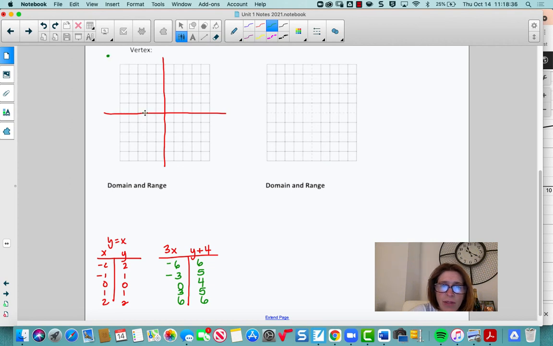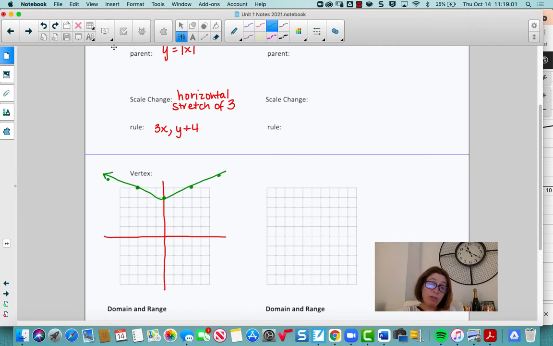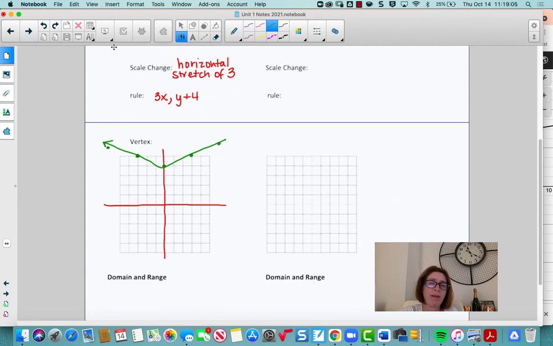Negative 3, 1, 2, 3, 5, 0, 4, 3, 5, 6, 6. So here we have that horizontal stretch of 3, which means I'm pulling it closer to the y-axis and moving it up 4.